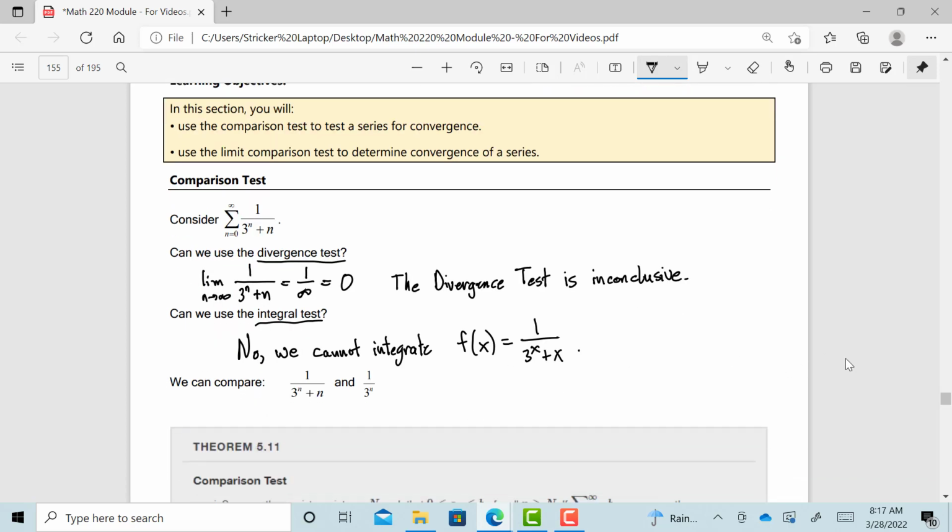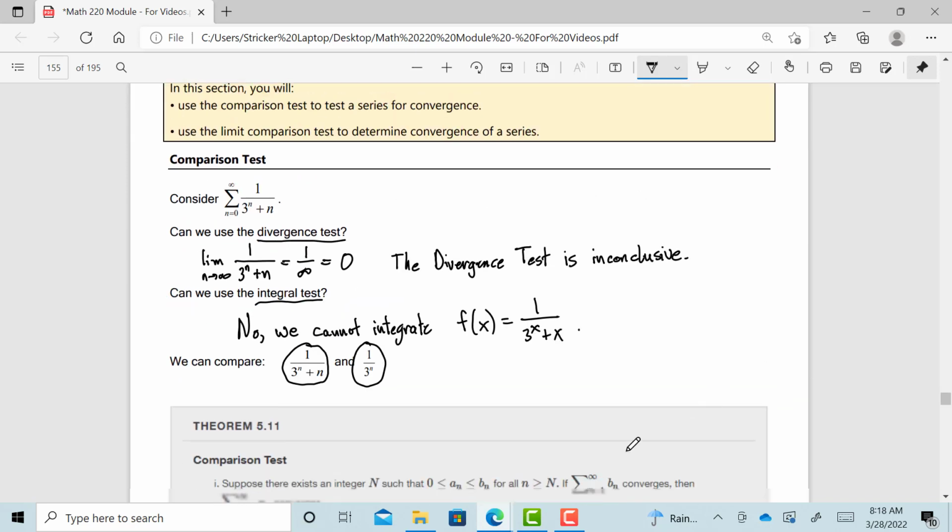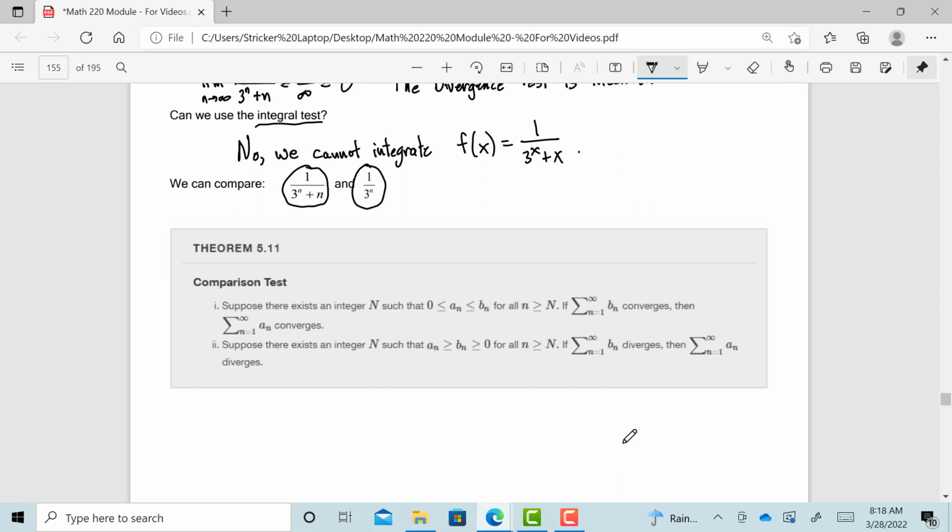And so the idea here is that we're going to use the comparison test, and we're going to compare what we had, 1 over 3 to the n plus n, with 1 over 3 to the n. And so this is what the comparison test is.